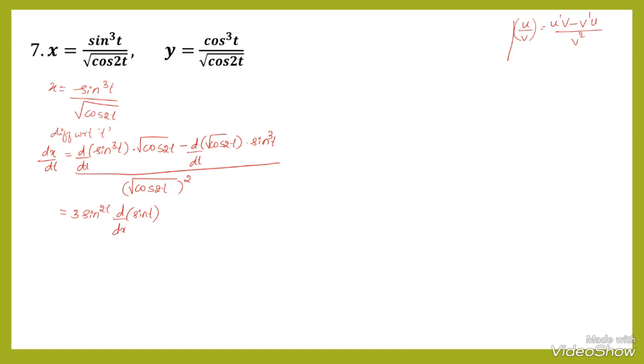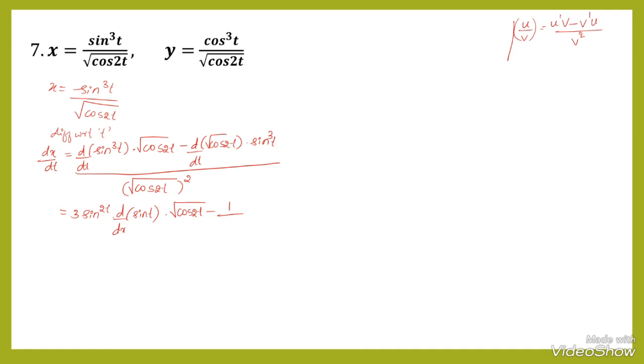First differentiate the cube, it becomes 3 into sin square t, and in place of x we have sin t, so I take the differentiation of sin t, into root of cos 2t, minus, here of the form root x, in place of x we have cos 2t.